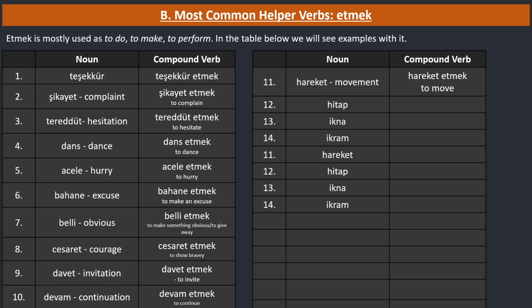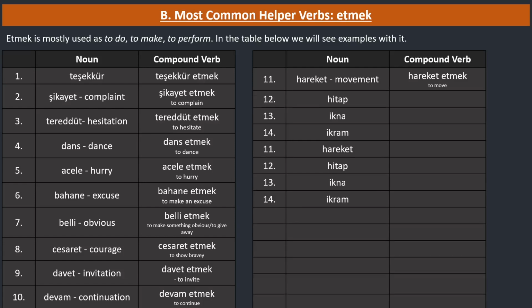Like if you want to tell someone, hey, move, you will say hareket et. Of course, in slang there are alternatives like kımılda or kıpırda. You can also say these.